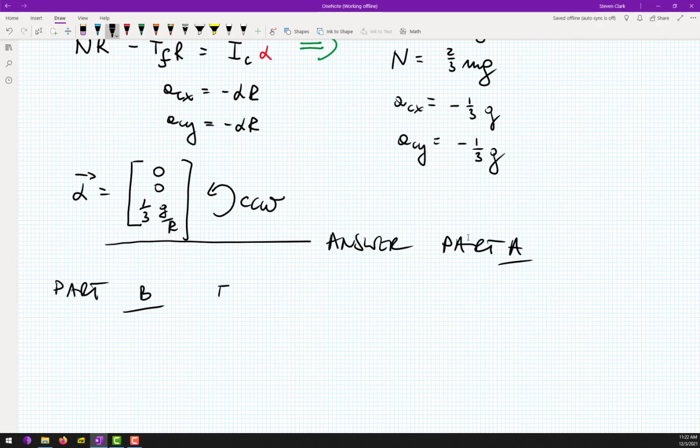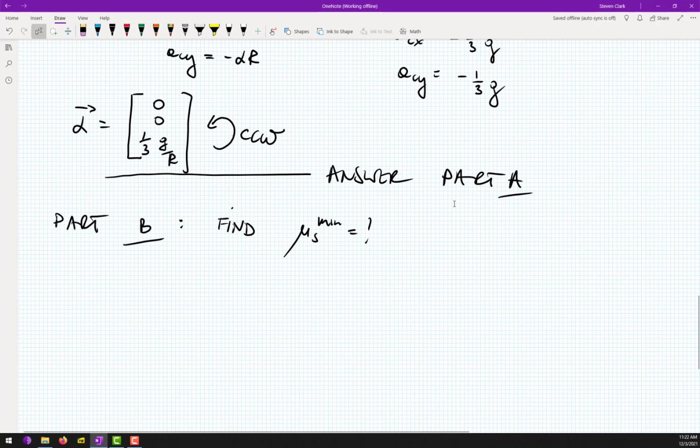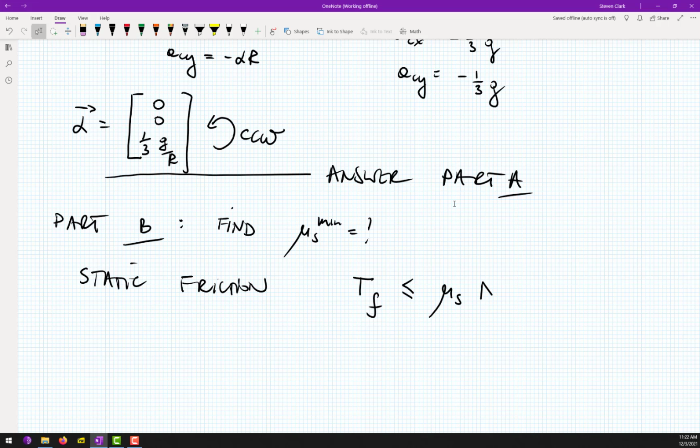they ask us to find mu s minimal. So since we are in static friction range, we can write TF lower equal mu s N. Yes, because this is the inequality that governs the static friction region.